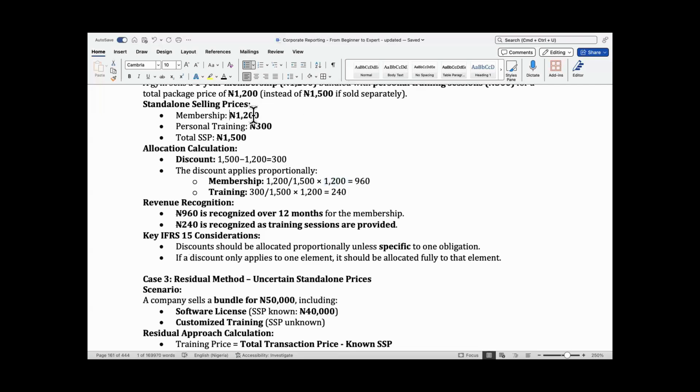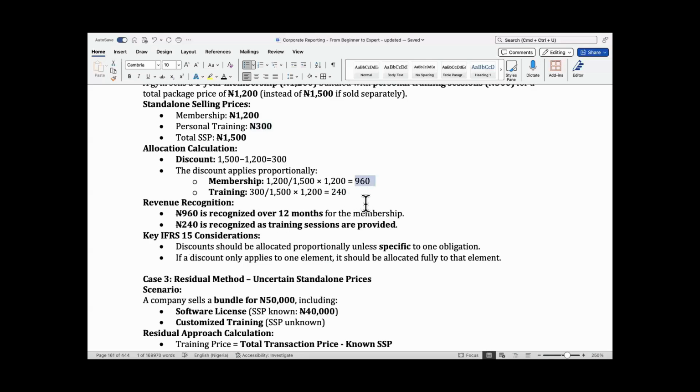And they have given it to us. So using ratio, membership will get its standalone selling price over the total standalone selling price multiplied by the transaction price. If you press your calculator, that gives you 960. While training will get 300 over the total multiplied by 1,200, that gives you 240. Of course, if you add this 240 and 960 together, it gives you back the 1,200.